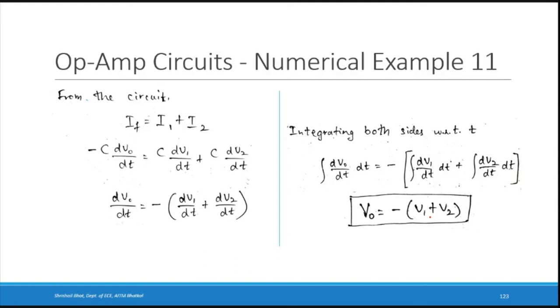So we have seen that we can also have the inverting summing amplifier circuit using capacitance instead of resistance. If you replace them by capacitors, it will still work as an inverting summing amplifier. This question was once asked in the exam, so I have included it here.